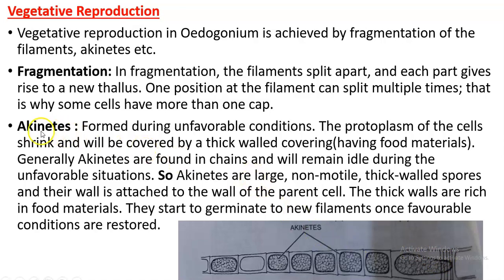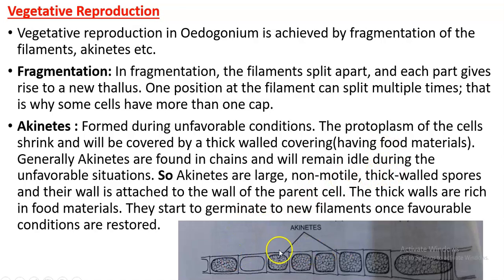Then akinete formation. So these are the akinetes. What are akinetes? When the proper water supply or nutrient supply is not available, or if it is a drought-like condition where they cannot release the zoospores which can swim and reach the oogonium, it won't make any zoospores or anything like that, but it will do a modification in the filament.